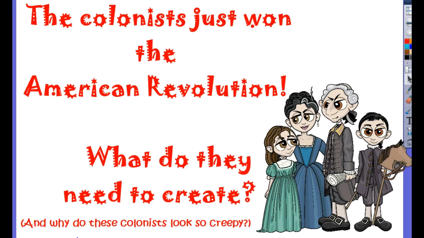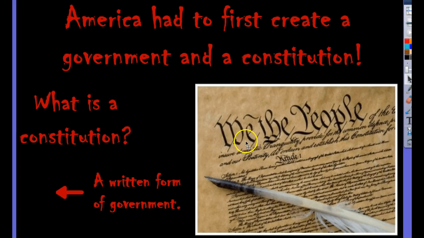Alright, so the American colonists have won the Revolution, and now they have to create what? Well, they have to create a government. Basically, all a constitution is, is a written form of government. So any type of governing body gets together and writes up a constitution, literally laying out how their government is going to run: the laws, consequences, protecting people's rights, this and that.